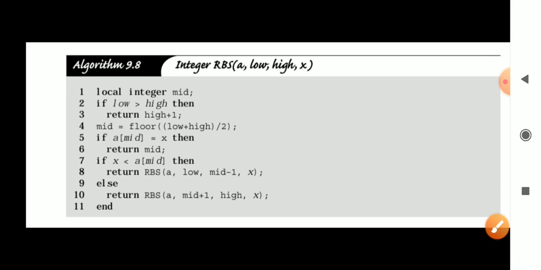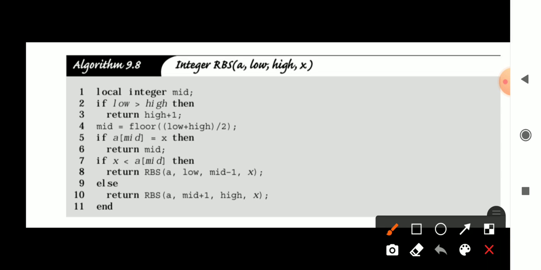Now we have another algorithm, the recursive algorithm for BS, that is binary search. Again we have the integer RBS, which is nothing but the recursive binary search algorithm. Here again we have the array A, the low, high and the actual search element X. Now this algorithm goes recursive.